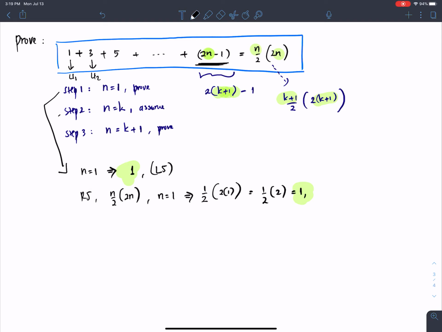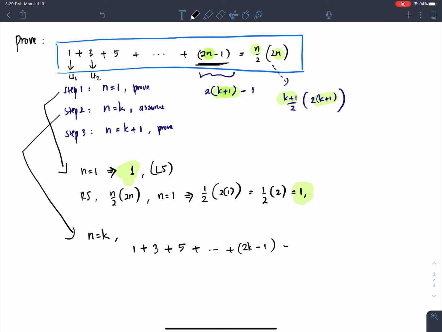Now in step 2, what we need to do is just to assume it is also true for n equal to k. So when n equal to k, this is what we have: 1 plus 3 plus 5 plus all up to 2k minus 1.